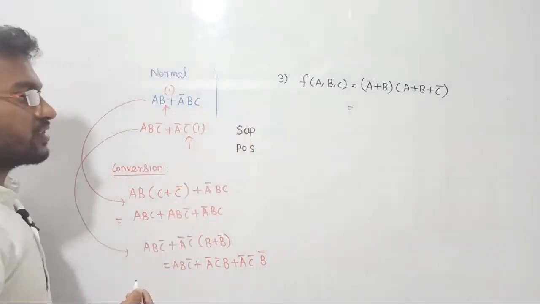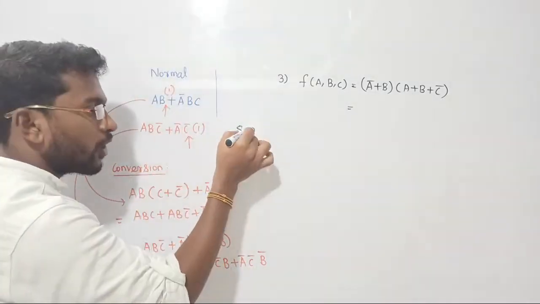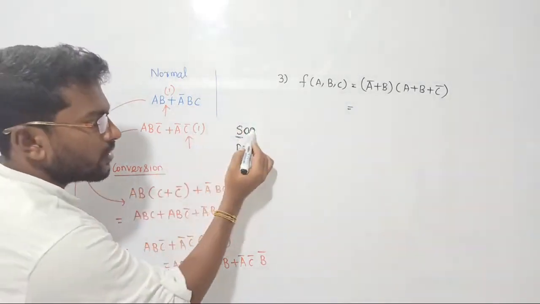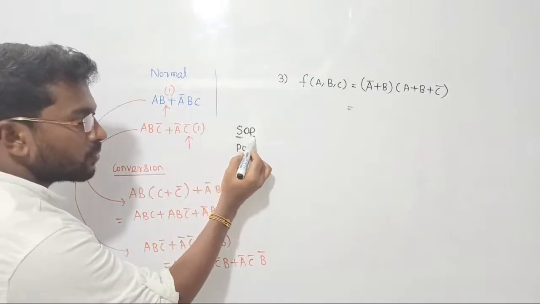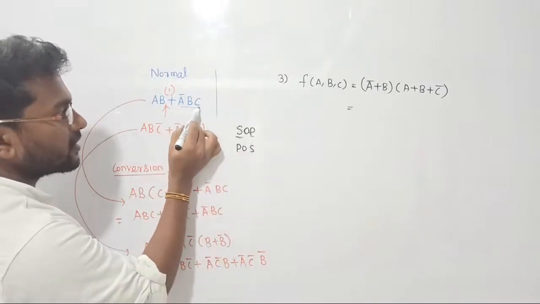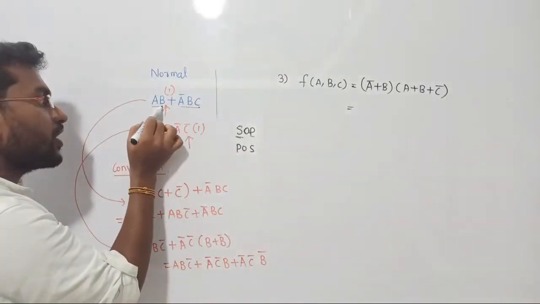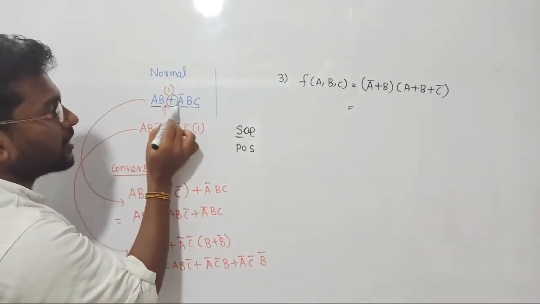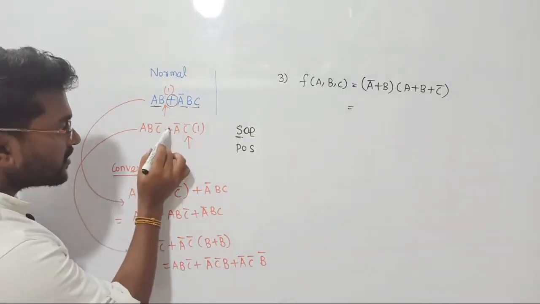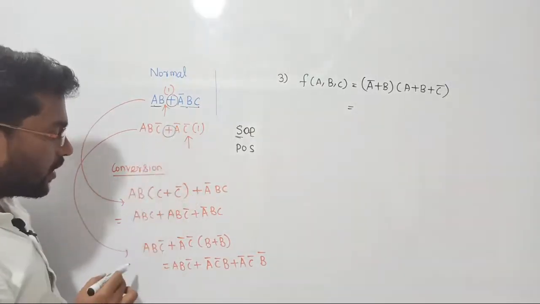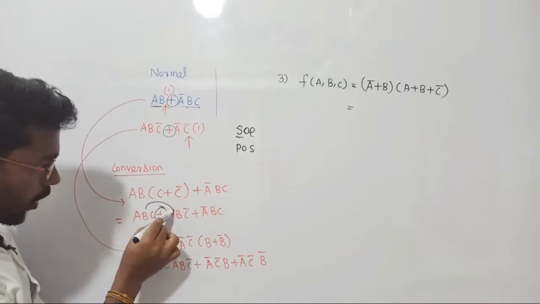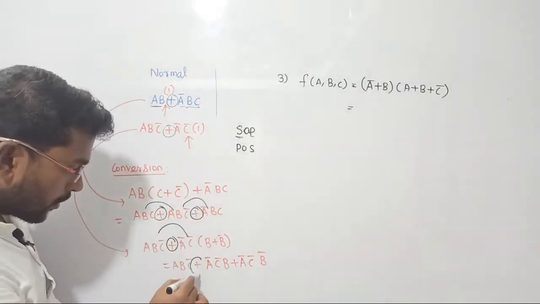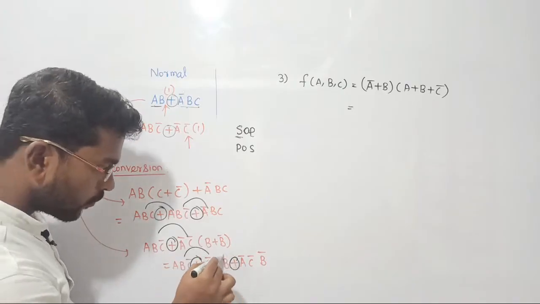Sum of product means the product terms are added. First we multiply. See there, these three variables are multiplied with each other, and these two variables are multiplied with each other, such that the sum of products is called sum of product.